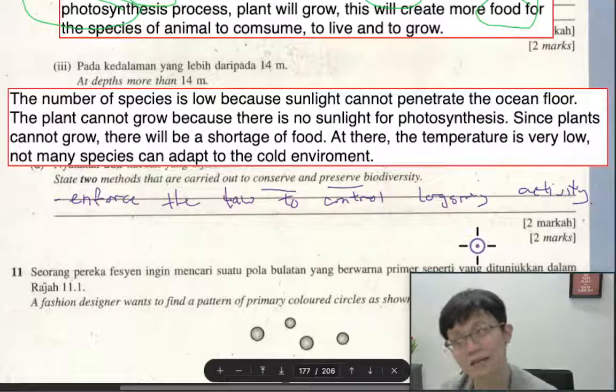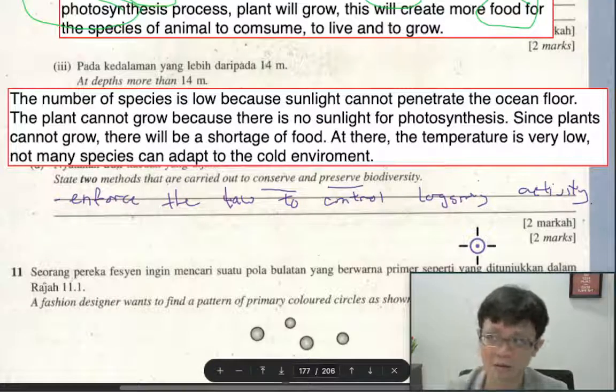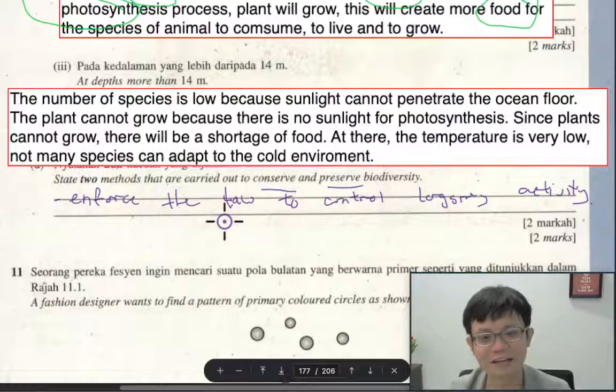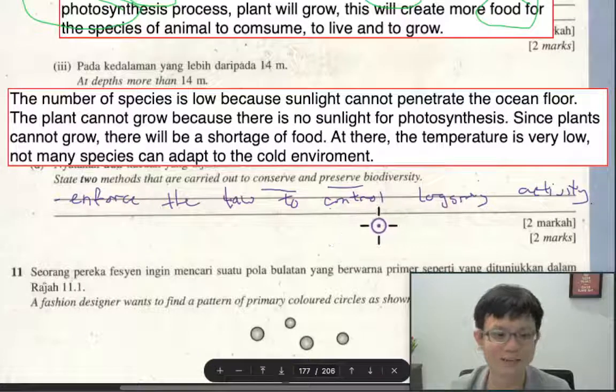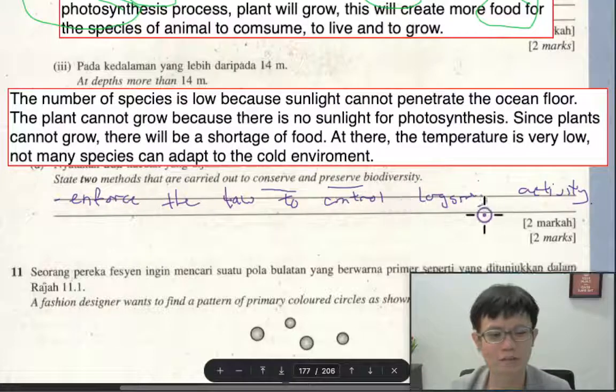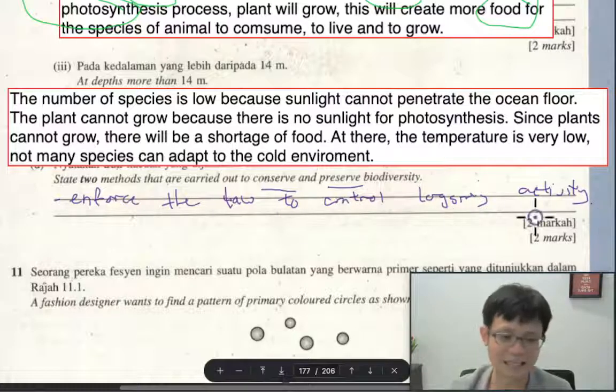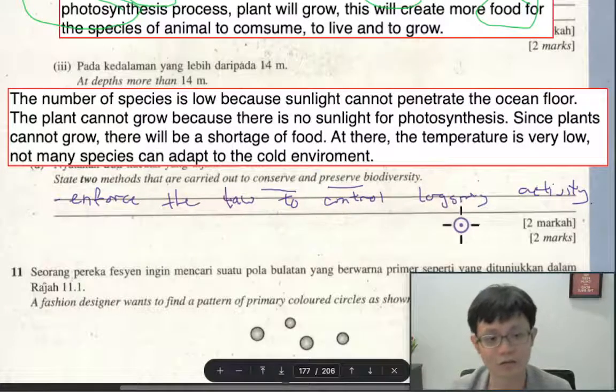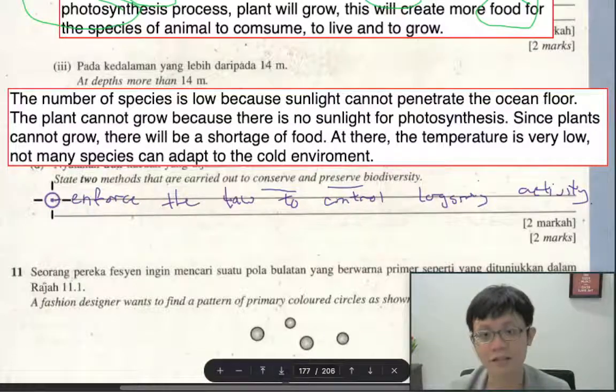But of course in Malay you can say menguat kuasa undang-undang untuk menangkap pesalah. But if you change it to English, enforce the law to capture evil doers, to capture bad people, that will sound so weird, but in Malay it even sounds weird. So there's the language culture here lah. You say to control the logging activity.